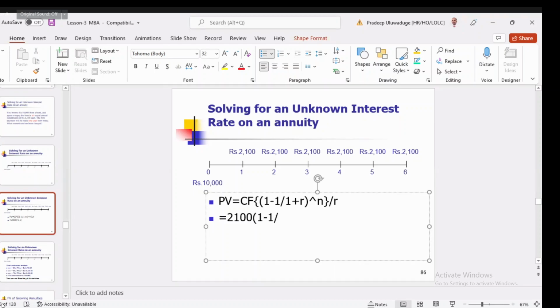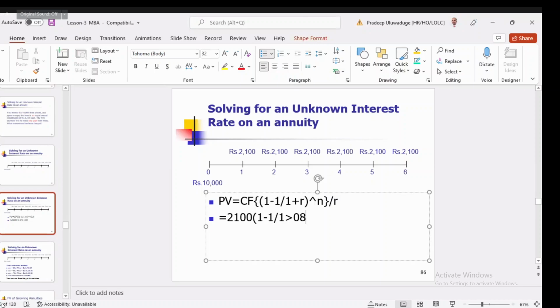Let's take it as 8%. So 1.08 to the power 6, divided by 0.08, right?